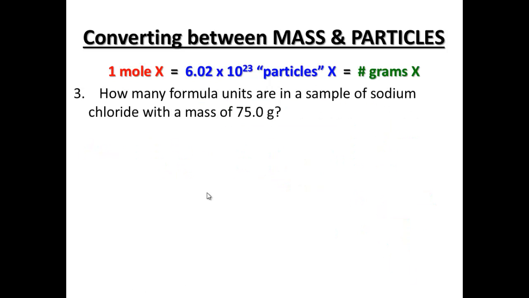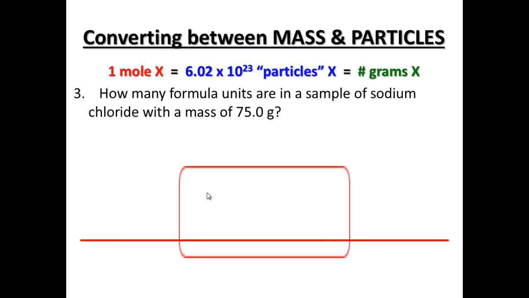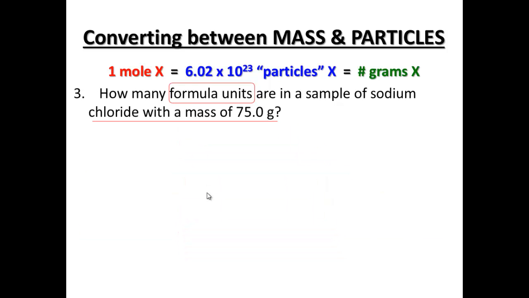So in our last problem, what we're going to try to calculate is how many formula units are in a sample of sodium chloride with a mass of 75 grams. Now when we look at formula units, metal and a non-metal. So once we start here, sodium chloride chemical formula, sodium Na plus 1, Cl minus 1. So our formula NaCl. So in this case, we need to first find out what the mass of sodium chloride is.